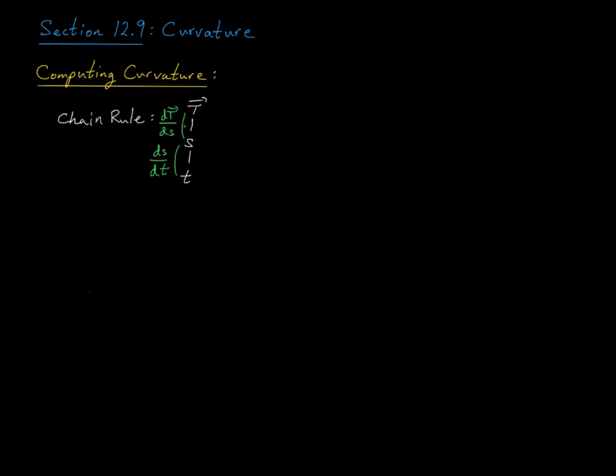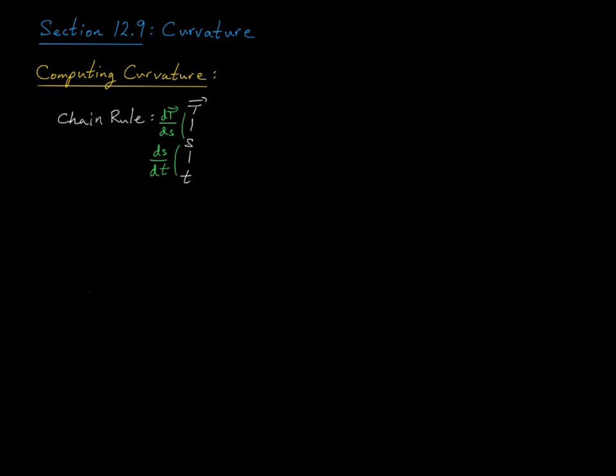The definition in terms of arc length turns out to be not a terribly computationally friendly way to go about finding curvature. But we can compute curvature in terms of the parameter t as follows. We can use the chain rule. The unit tangent vector depends on arc length, which again is just telling us the distance we've covered along our path from some reference point.